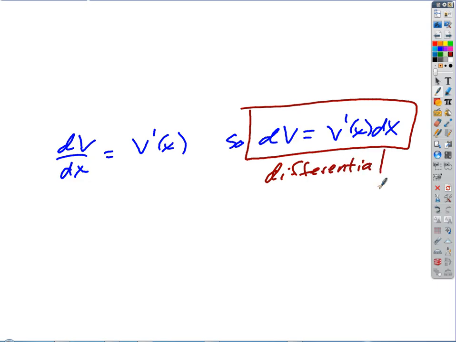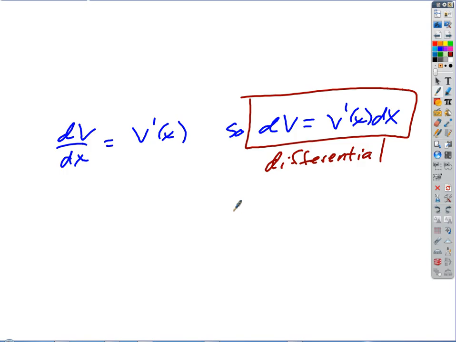All the derivative rules you currently know can be rewritten very easily in differential form. We'll take one as an example. If y equals sine x, then what's the derivative of y equal to?